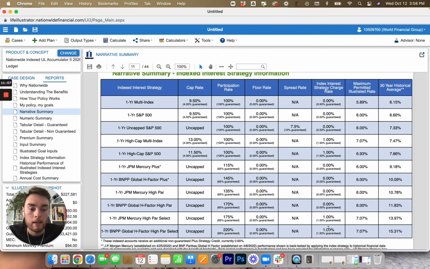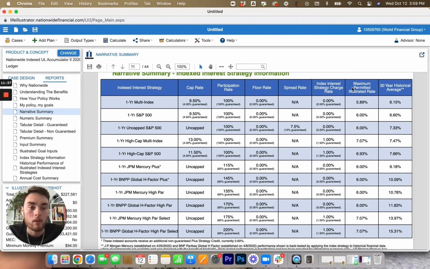So also, this index is so good, there's a 1% charge, which was reflected in those numbers and those fees. And the numbers that I showed you just now on those fees were only based off of a very conservative interest rate of 7.07%.